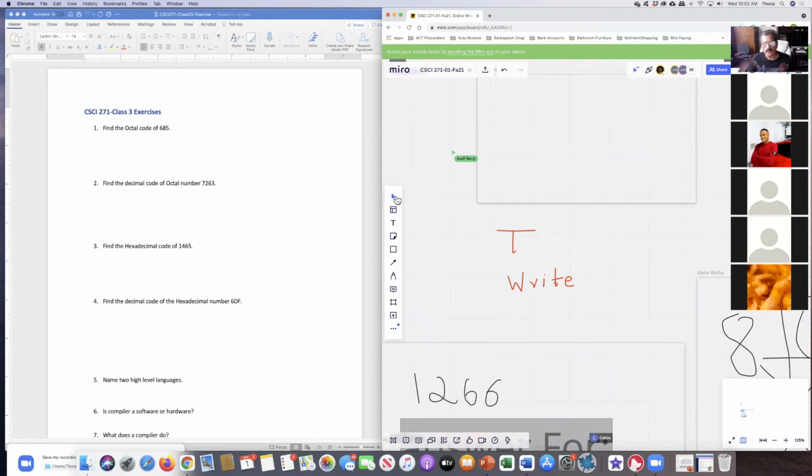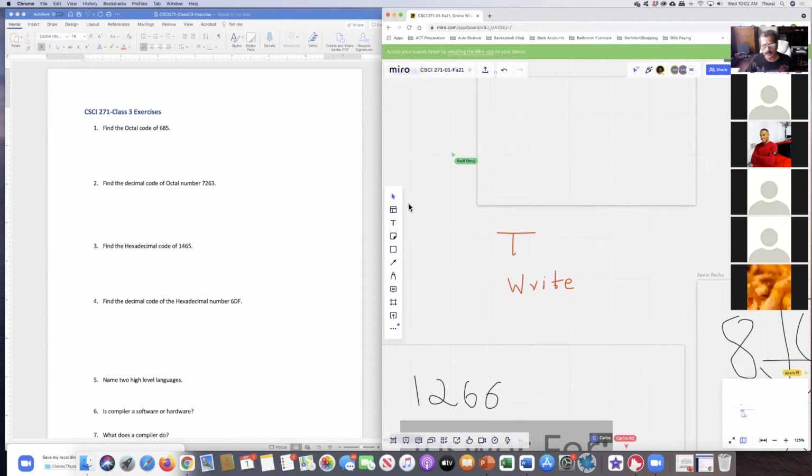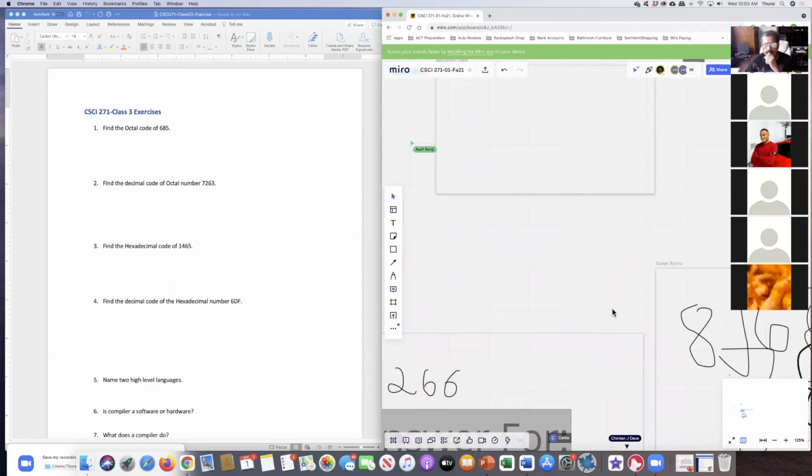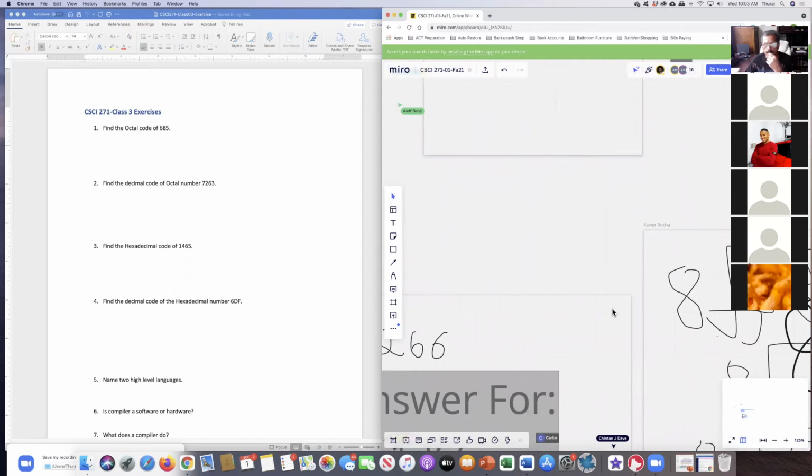You can clear the handwriting by clicking at the selection tool here, arrow, selection tool, and then select everything you want to erase and press delete button, that'll erase. So if you want to erase anything, that's how you do it.